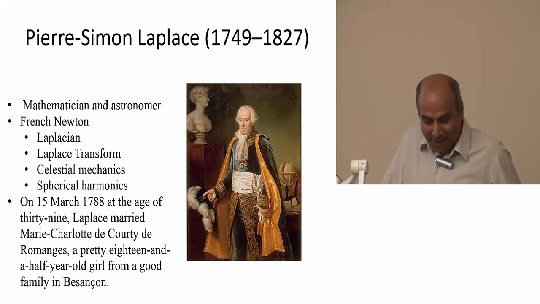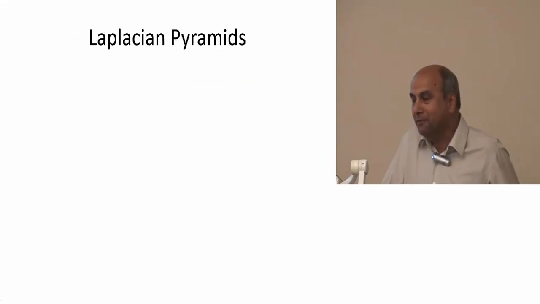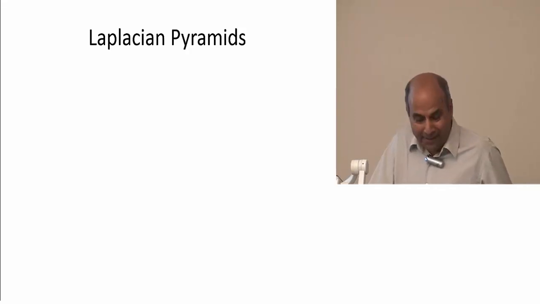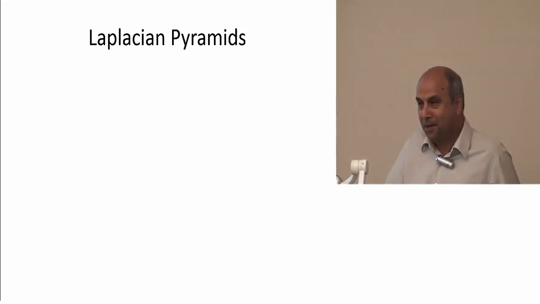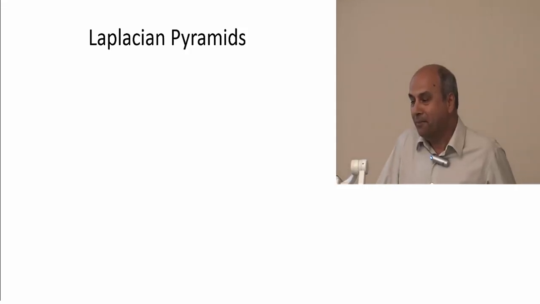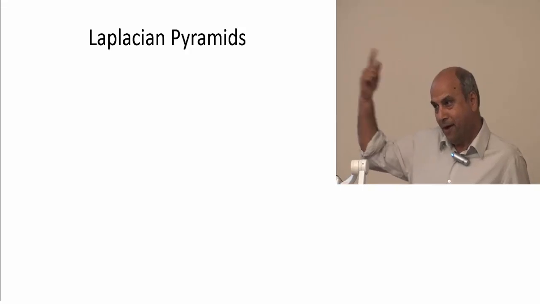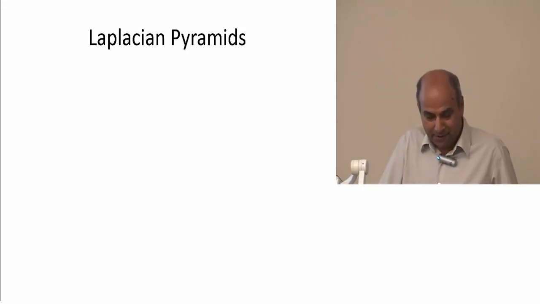So let's look at how we can get the Laplacian pyramids. I want to make it interesting for you, so that at least you will remember that this guy married a young wife, and then you can recall the Laplacian and how it works.